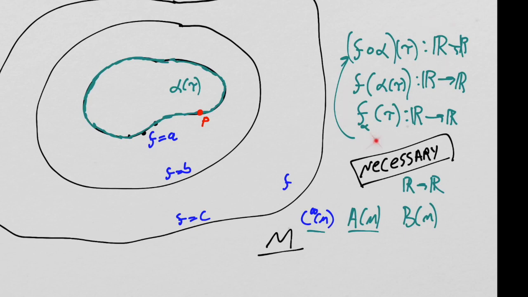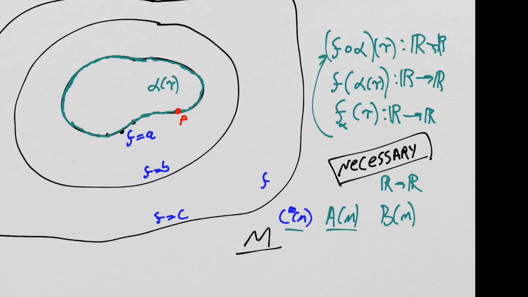the point is I want to make sure we all understand that we have this curve that follows this level set. So now, given this function, I'll look at this one, because it's nice and easy to see tau is the variable there. So let's look at this notation. You can actually say, wait a minute, this is a function from the real numbers to the real numbers, and the independent variable, tau, is a real number.